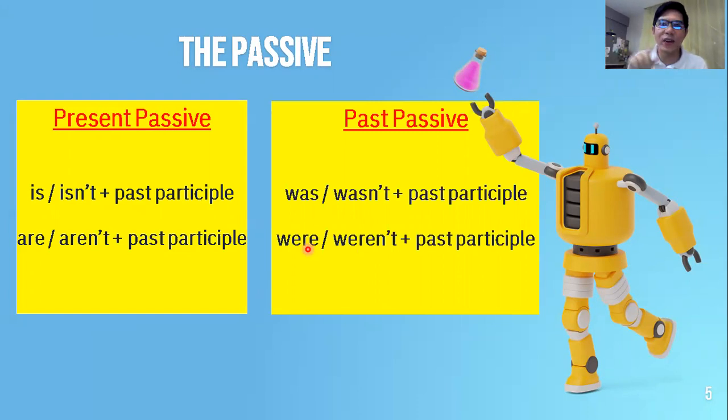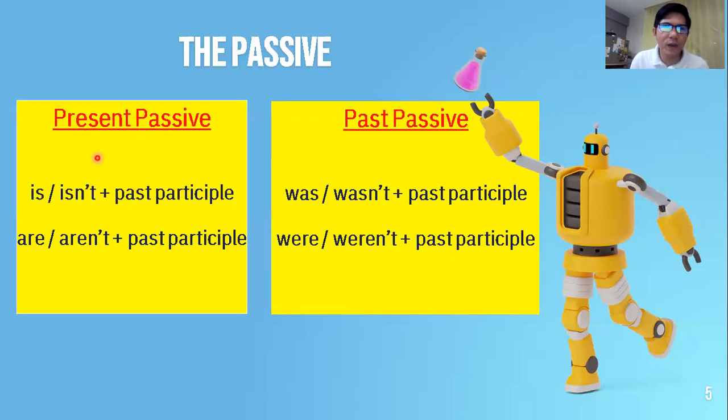You can write this down on your notebook. Write your name, write the date today, and copy these rules. What are the two kinds of passive? Our goal here is to write sentences in the passive form. So first kind, present passive.